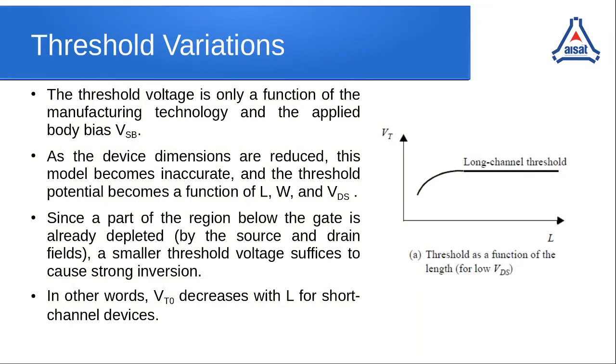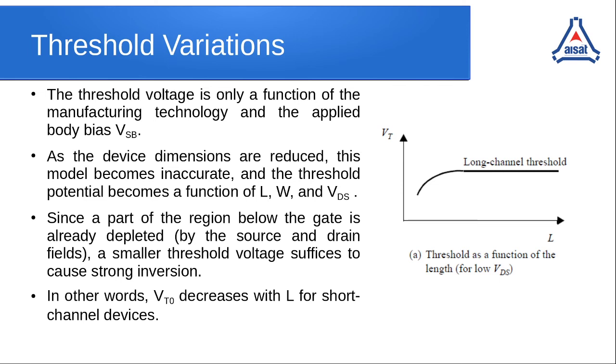Next is the threshold variation. This we had pointed out earlier too. The threshold voltage is normally a function of the applied body bias, VSB, body effect, that we had discussed, which is an outcome of the manufacturing technology. But as the device dimensions are reduced, this threshold potential also becomes a function of L, the channel length, channel width W, and also the applied drain to source voltage.